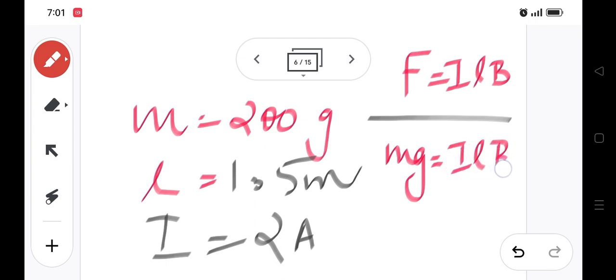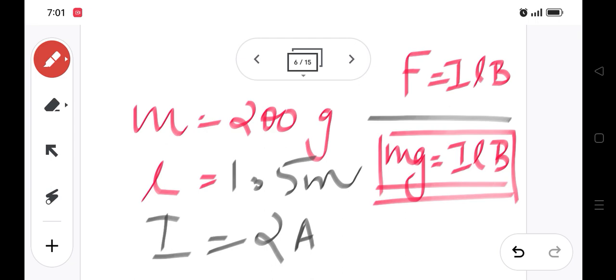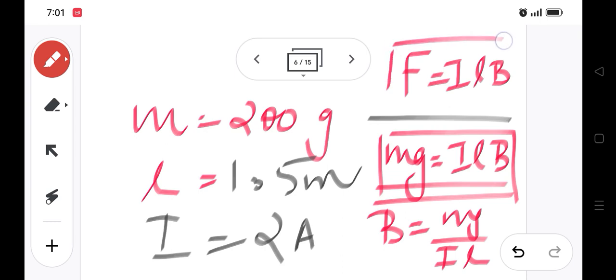This gravitational force equals the magnetic force, and from that we can find B equals mg by IL. Calculating, just substitute the values of m, L and I so that we get B. Here the gravitational force equals the magnetic force. The magnetic force on a conductor equals ILB. So that's all.